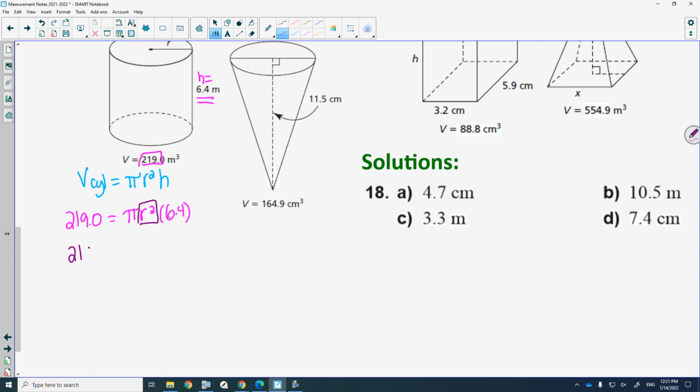So 219 is equal to 20.106 r squared. And now you do what we did in the other problems. Get rid of that 20 by dividing both sides. And then you need to get rid of this square by square rooting both sides. So I'll give you a minute to finish off that one.